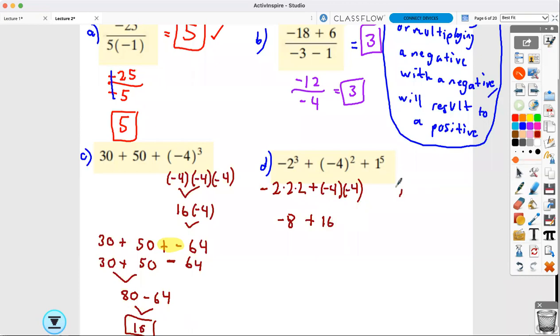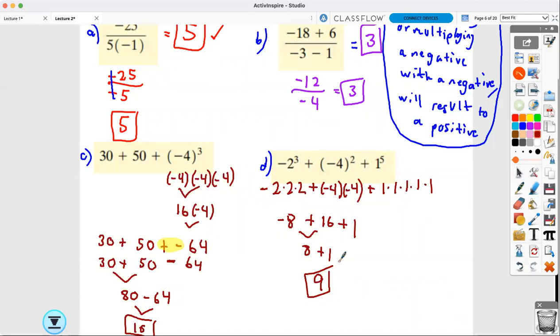Positive 16. Good, good, good. Now we have one last plus. How many ones? 5. But all of those multiplied give us what? 1. Correct. So now we add and subtract from left to right. -8 plus 16 is 8. Bring down the plus 1, which is 9. And we are done.